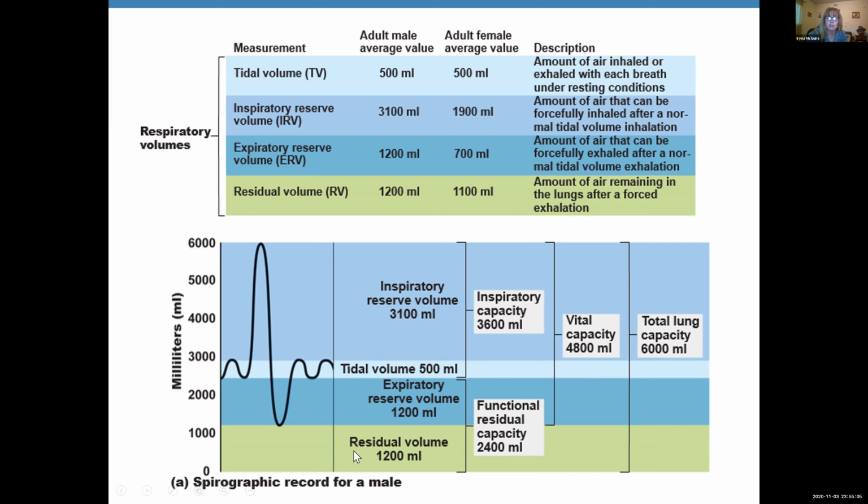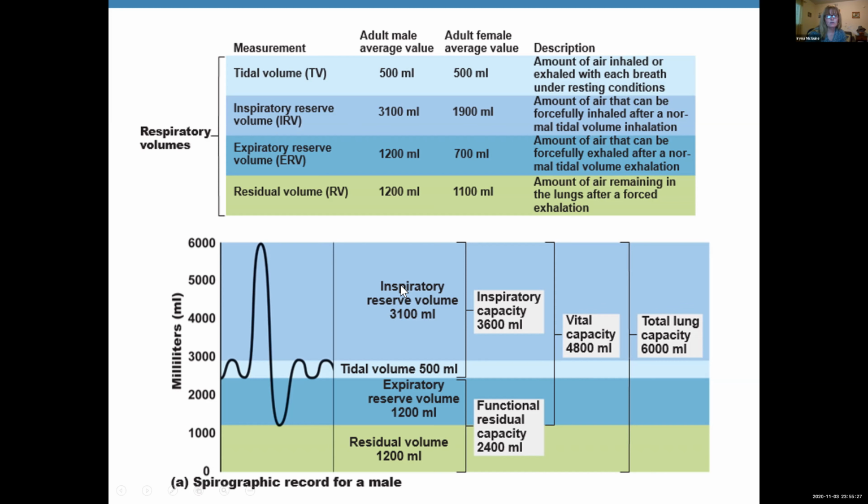And it's called residual volume. Residuum comes from the same root as resident. Resident, residual. So that's the volume that lives in your lungs, that's always there, even with the maximum forced expiration.